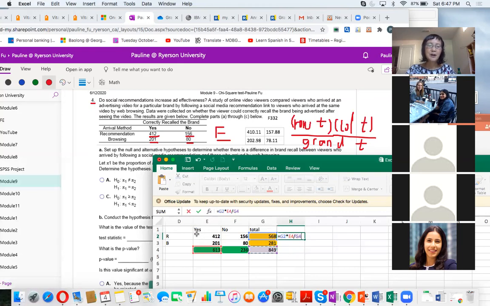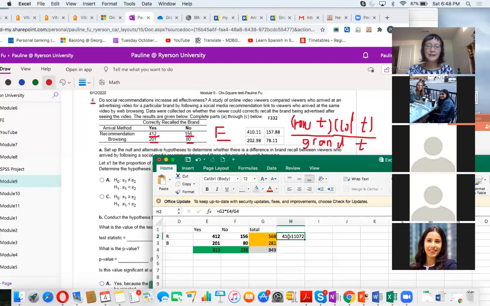under the people who answered yes. I repeat, the result I get here is the expected value for people who use the recommendation method and answer the question yes. So the expected value is 410.